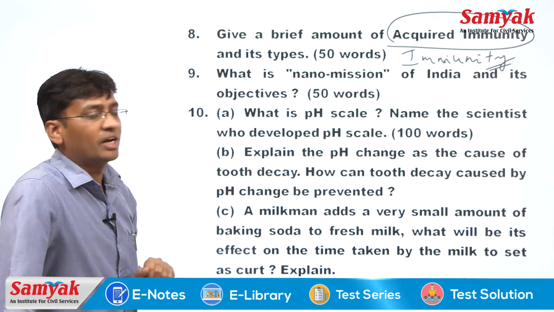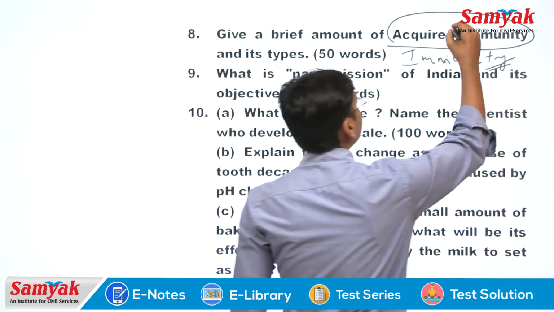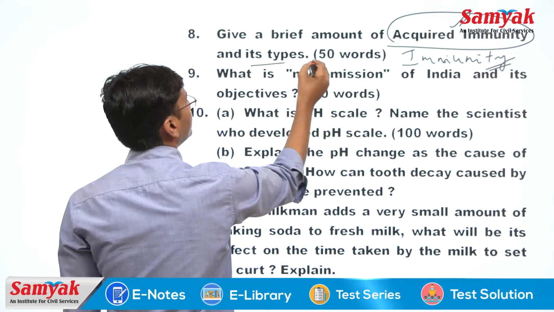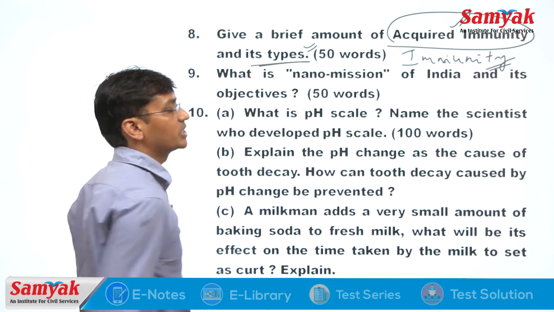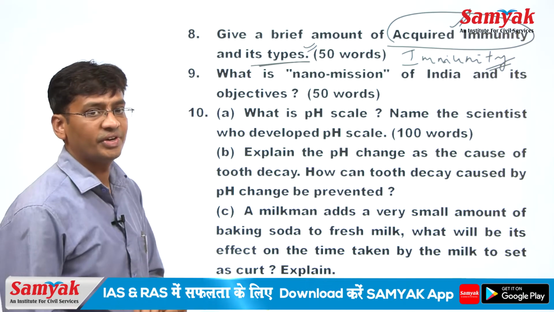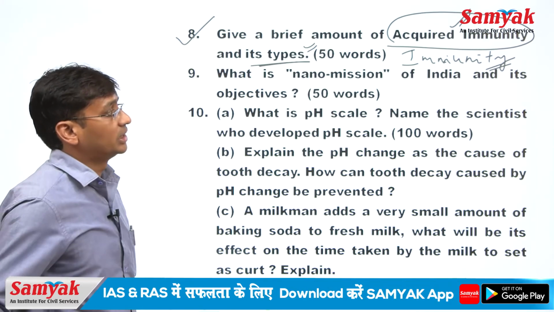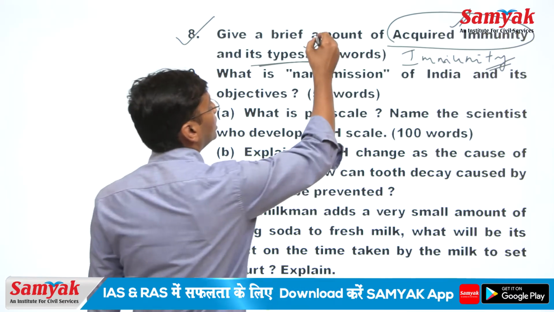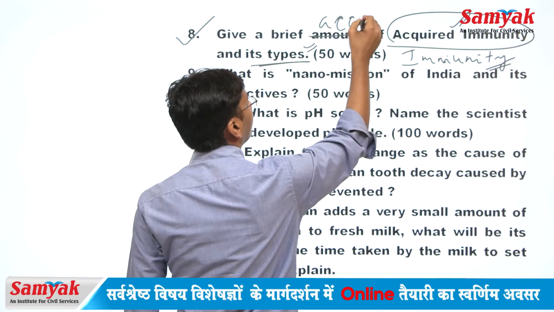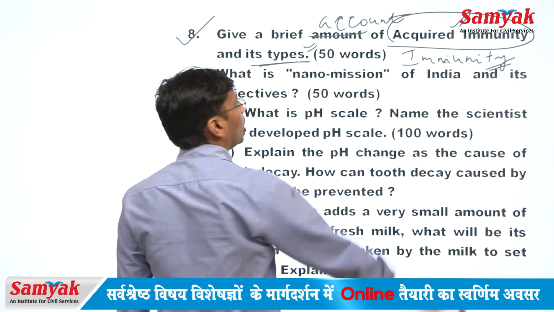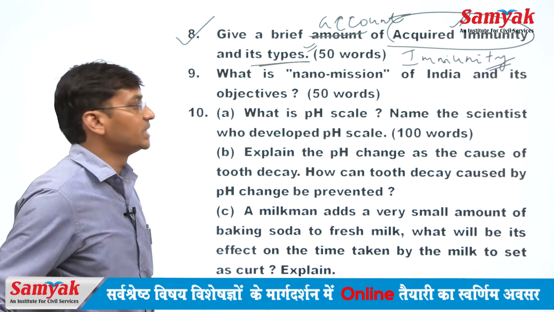Here they are asking you acquired immunity, okay, and what are its different types, and you have to answer this question in 50 words. Again it carries a weightage of 5 marks. So, give a brief account of acquired immunity and its types.